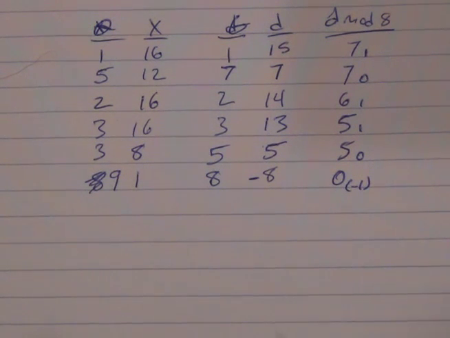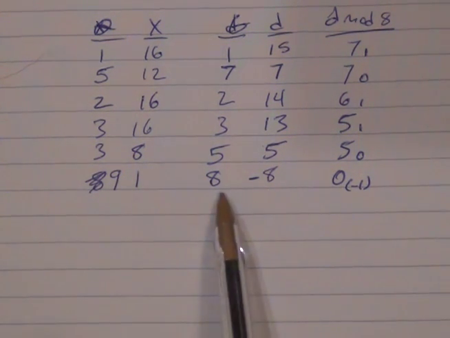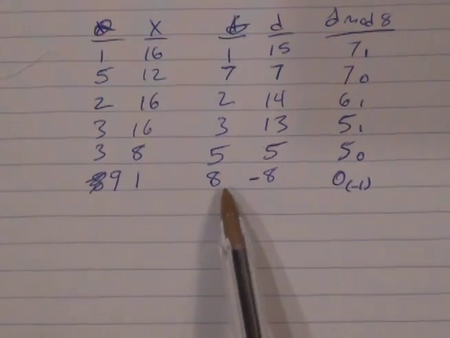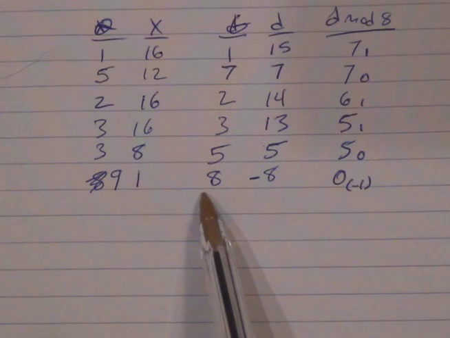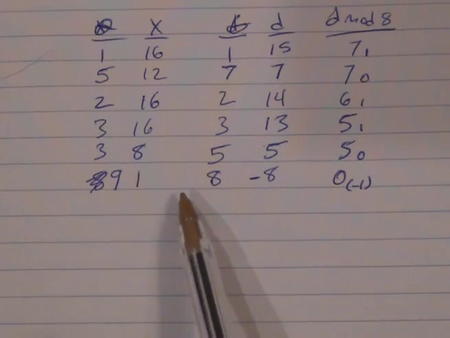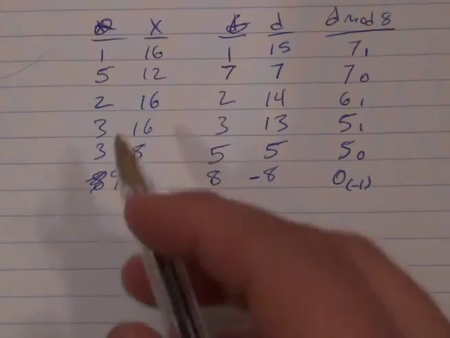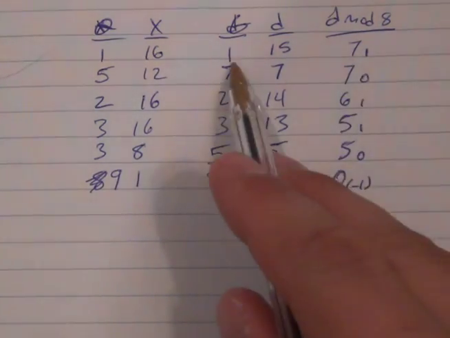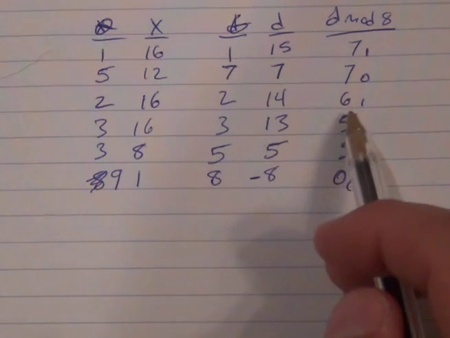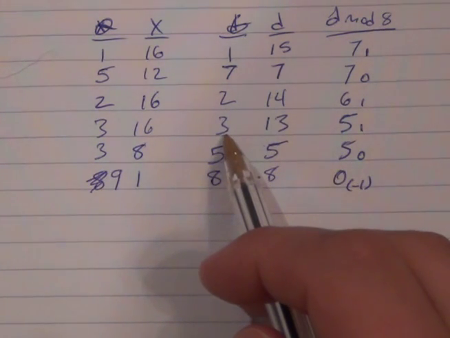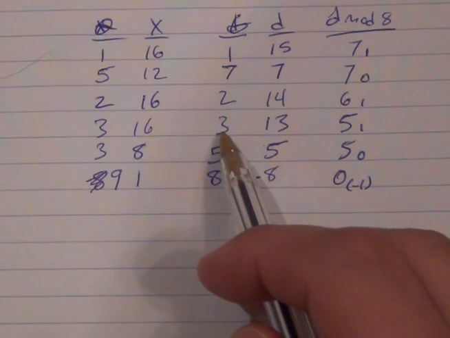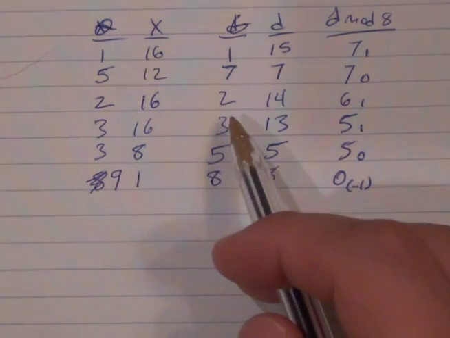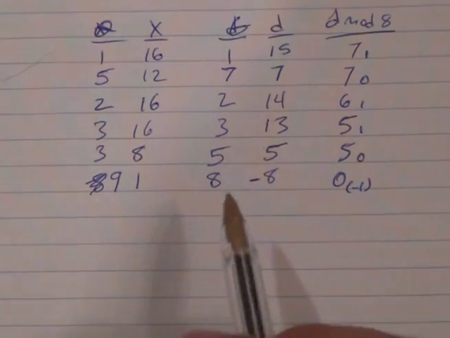But I do see a pattern here, kind of. I see that these ones tell me when I have to basically revert to going the opposite way.